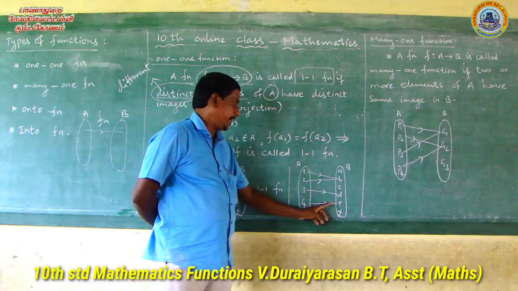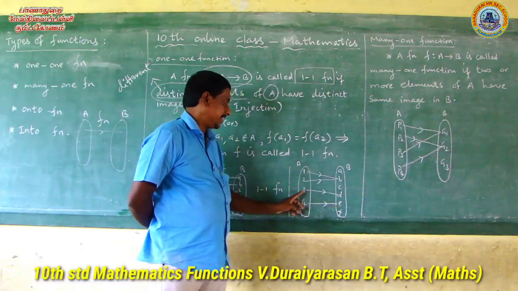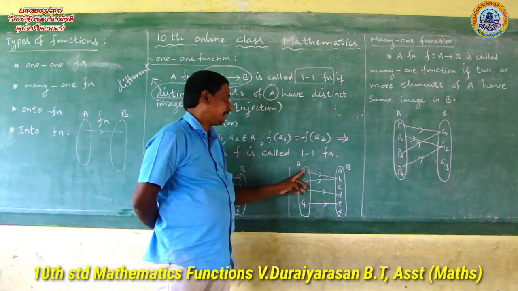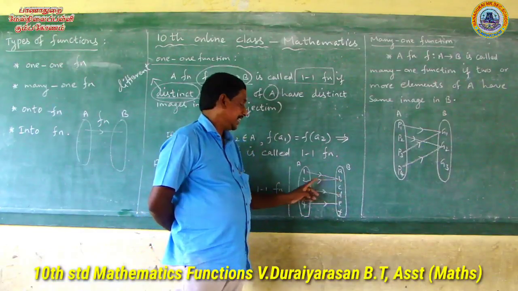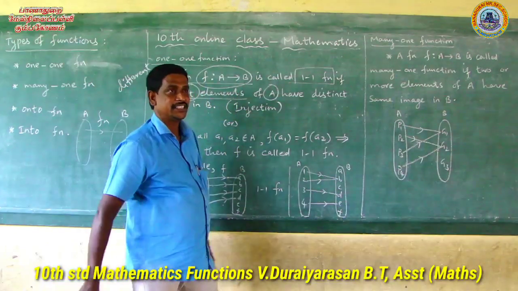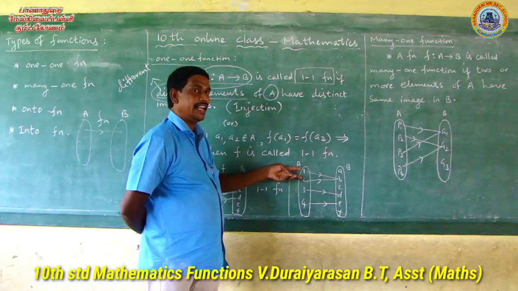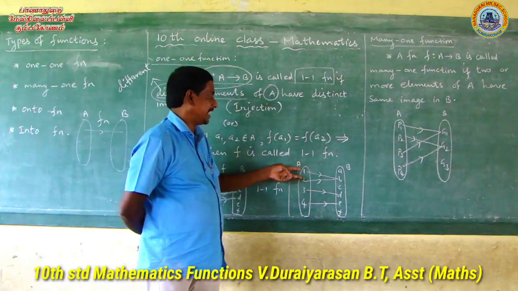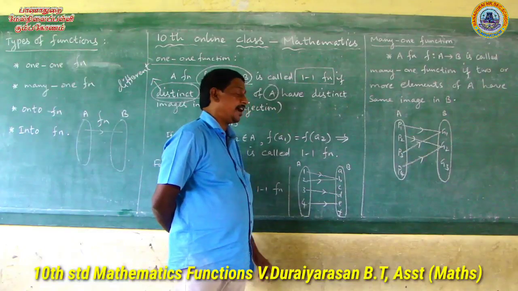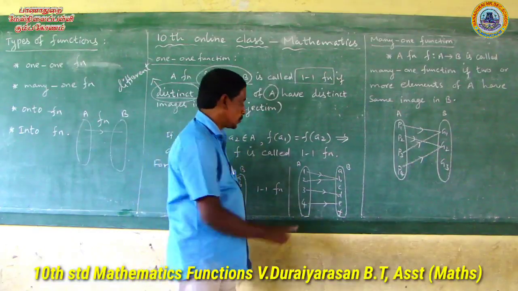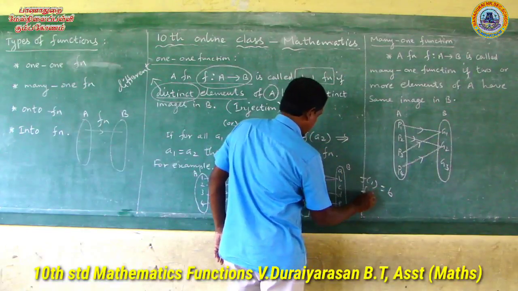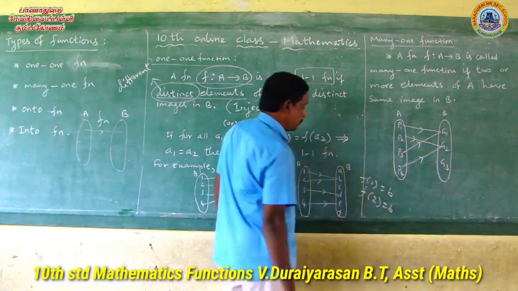The image of 4 is E. The image of 3 is D. The image of 1 is B. The image of 2 is B. What is given? 2 elements in the domain are connected to the same image B in the codomain. So, f of 1 is equal to B, f of 2 is equal to B.